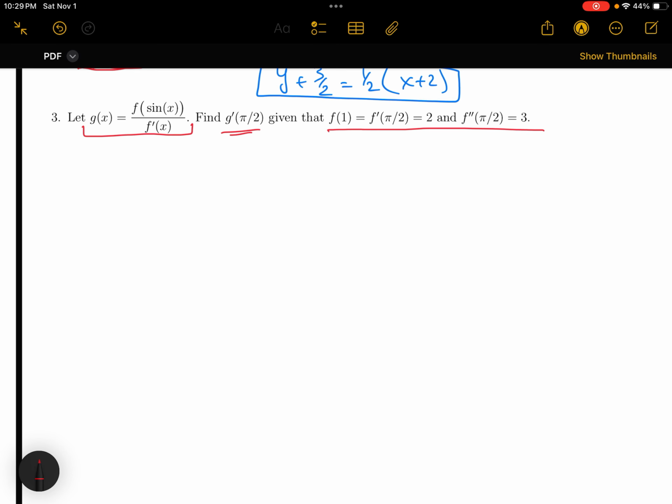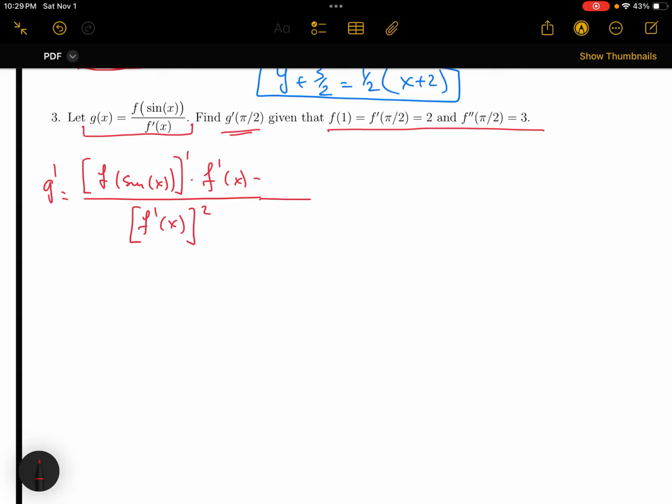In order to find its derivative, we have to use the quotient rule to begin with. So g prime is going to be equal to the derivative of f of sine of x, times f prime of x, minus f of sine of x times the derivative of f prime of x.